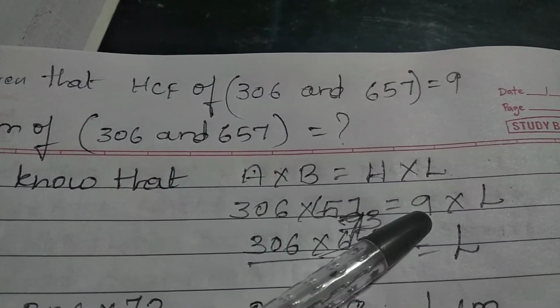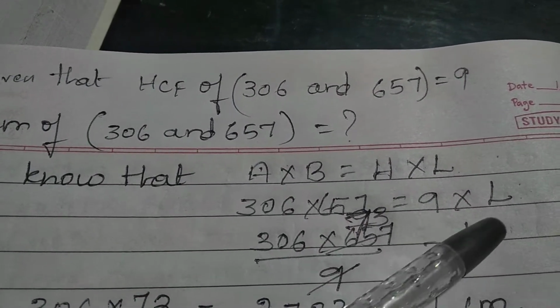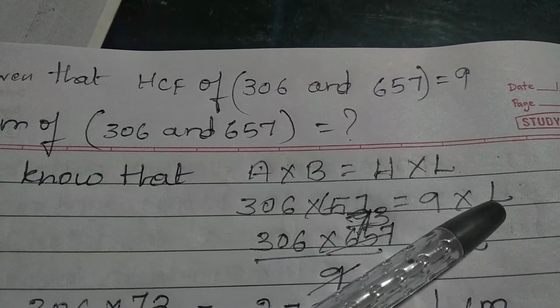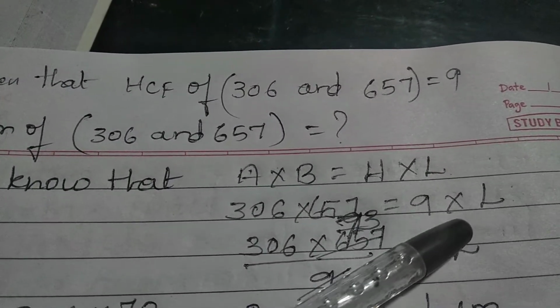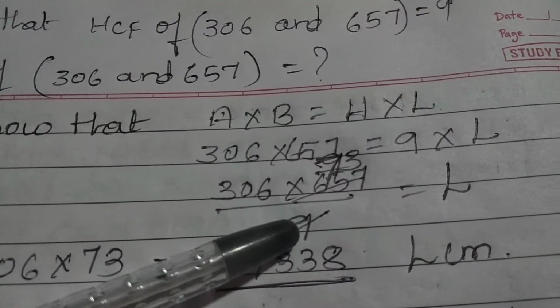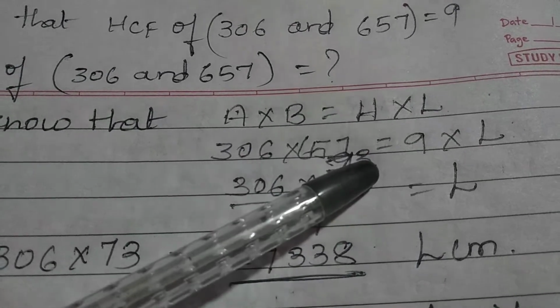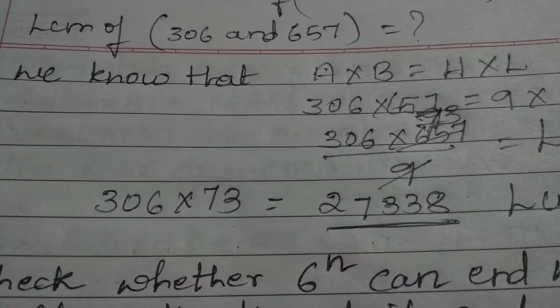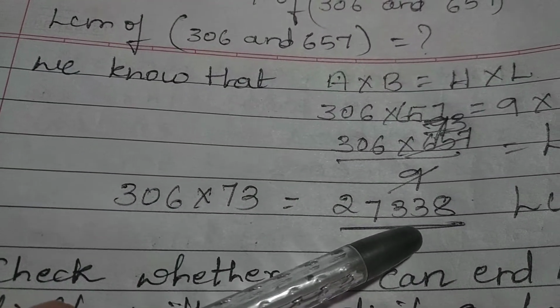So in place of H you can put 9 into L. Okay, so you need to find the value of L. L means LCM. So take 9 this side. 9 goes into 657, 73 times. And when you multiply 306 into 73, you will get 22,338. So that is the LCM.